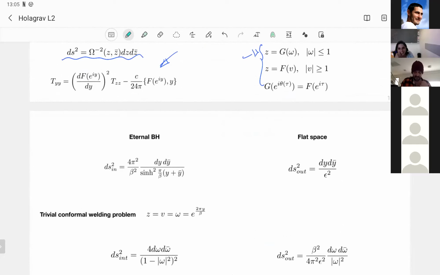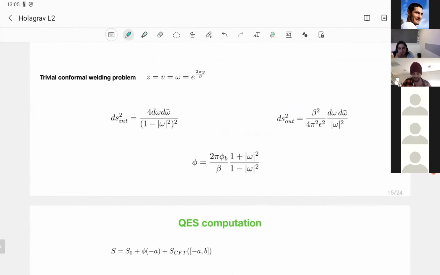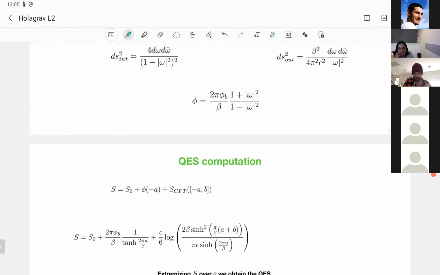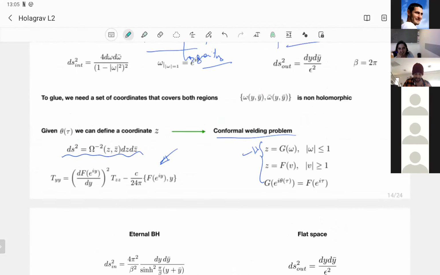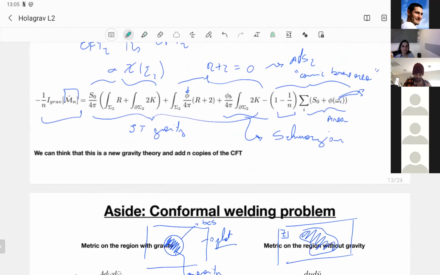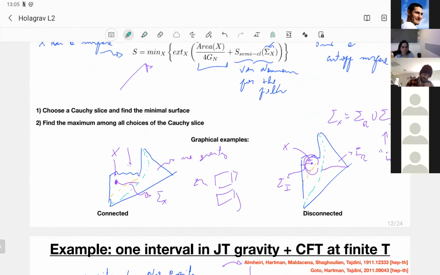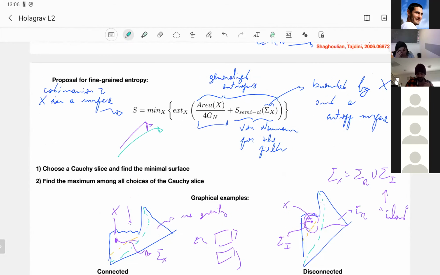Now, let me see, I can just mention what is there. So we want to prove this, we wanted to prove this for the entropy, minimizing the generalized entropy. You can compute this in two ways.